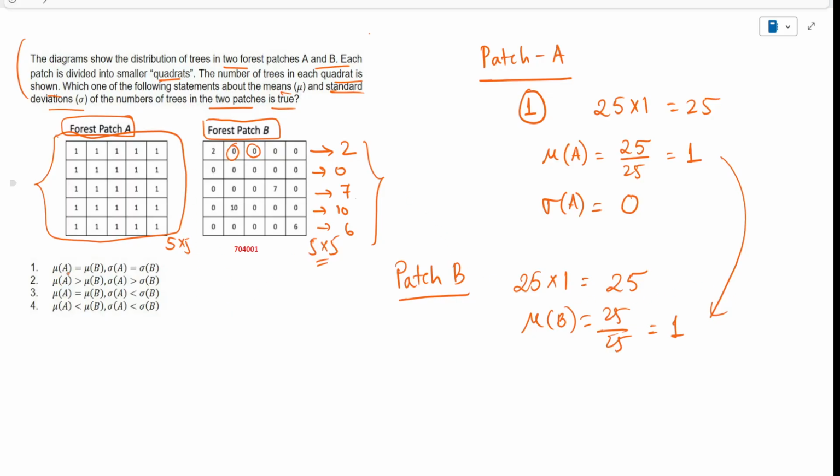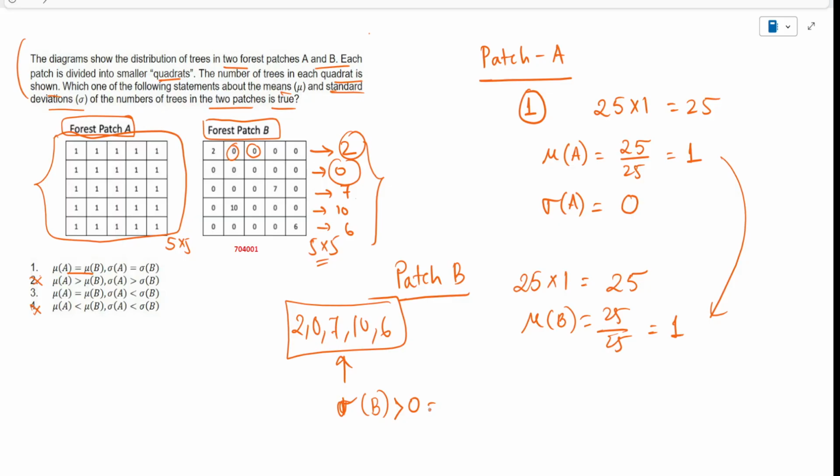Since mu A equals mu B, we can discard options 2 and 4. Now, since the values deviate from each other, 2, then 0, then 7, then 10, then 6, what is the value of sigma? You don't need to apply any formula; it is obviously greater than 0.